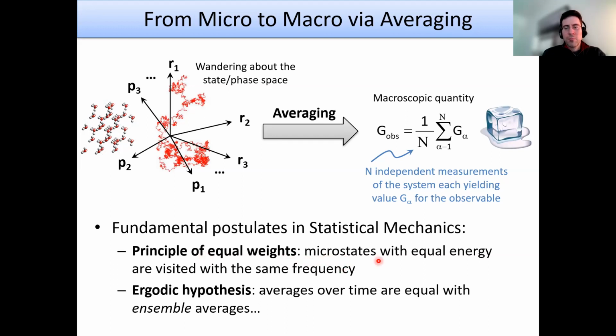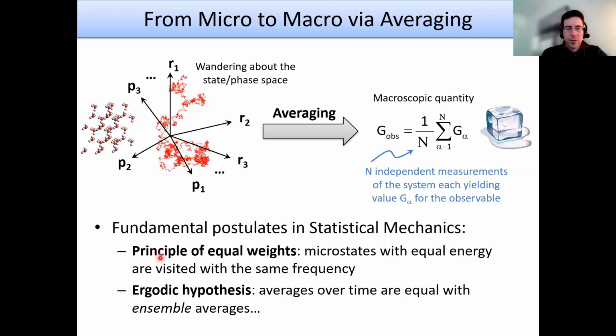It says that microstates that have equal energy are visited with the same frequency. So if we have two states, here is our phase space again, if we have two states that have exactly the same energy, we expect that in this wandering, they're going to be visited with the same frequency, the same probability, effectively.